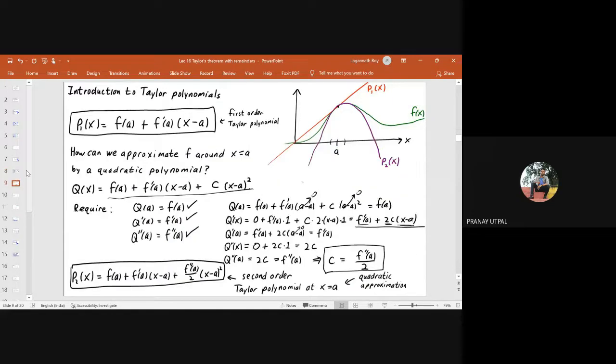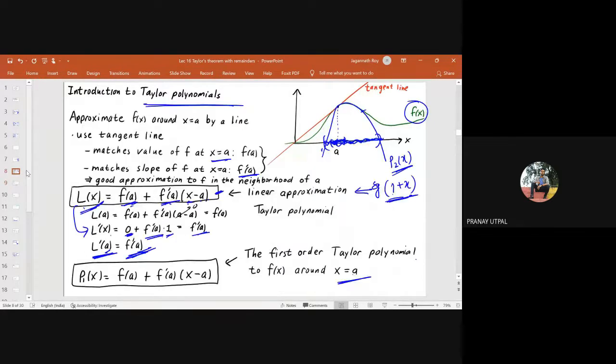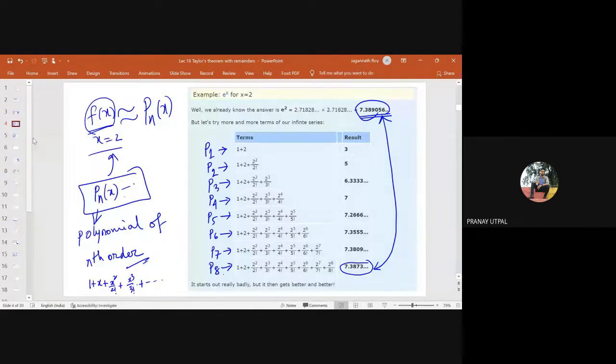Sir, so for e raised to the power x, we take a as 0. E to the power 0 will be 1. For e raised to the power x, the expansion that we study, we take the value of a to be 0, according to this. Yeah, but we can approximate around some other point also. The general expansion that we study is around 0 only, right? No, not like that. It is general, at point a.